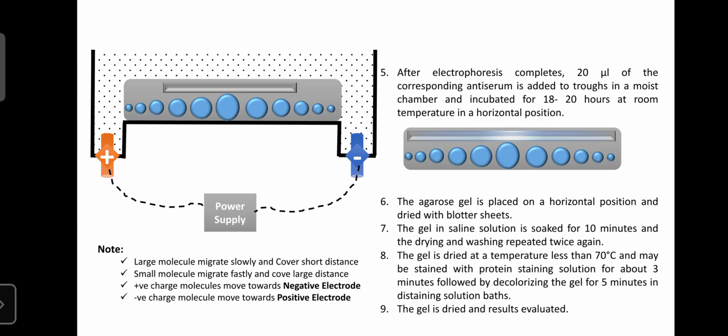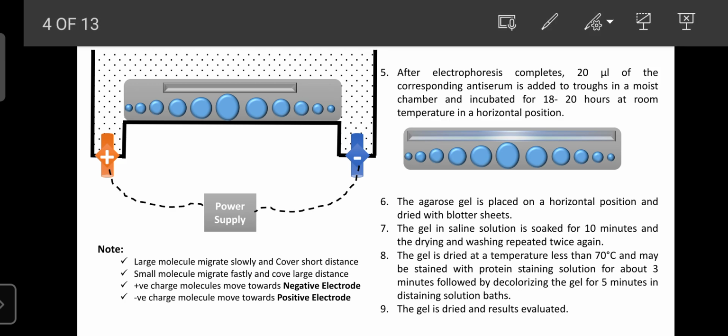Next, these molecules migrate, moving from their position towards the negative or positive charge. Here, large molecules move slowly because of their larger size, so they cover a short distance.